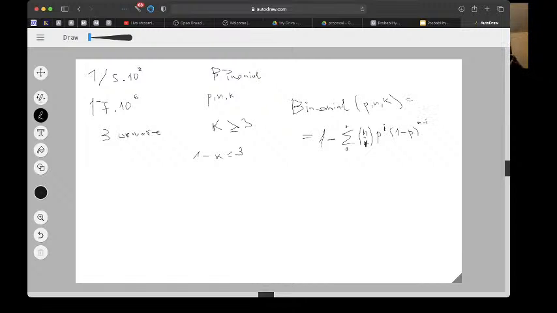So that is the formula for the binomial distribution. You should definitely write this on your cheat sheet. I mean, you can remember it, but it's better to have it on a cheat sheet. And then you can just fill in the values here. So i goes from 0, 1, 2, and n is the number of people, and this is p.